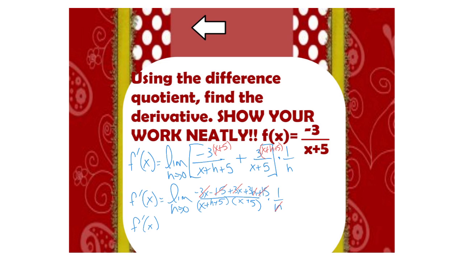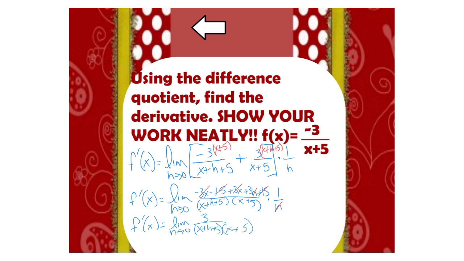The fraction ones usually took one more step because they just were a little bit messier on that common denominator. So my simplified version is a 3 over x plus h plus 5 and an x plus 5.